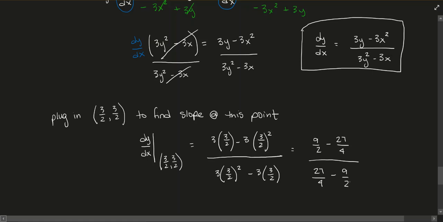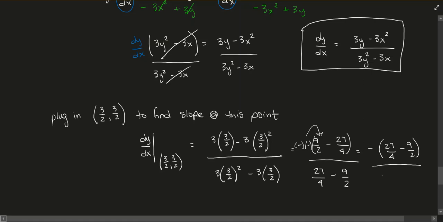We are going to need a common denominator if we want to add these fractions together. Or what we can do is multiply the numerator up here by 2 negatives, send one of the negatives inside of the parentheses so that it looks like negative times negative 9/2 plus 27/4, which we can write as this.